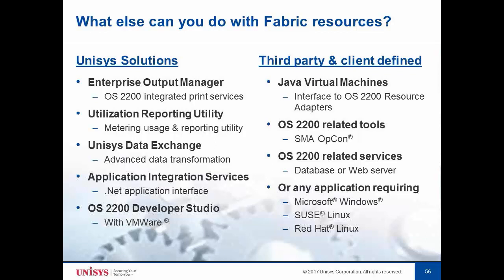We have clients that are using the web capability for database servers or industry standard web servers to hook back in with the OS 2200. But really it's for anything that requires Windows or Linux implementations. And I've heard of clients that are using the fabric for everything from HR to payroll to file services, just as a common infrastructure that can be utilized with the same standards as the client would use with the OS 2200.